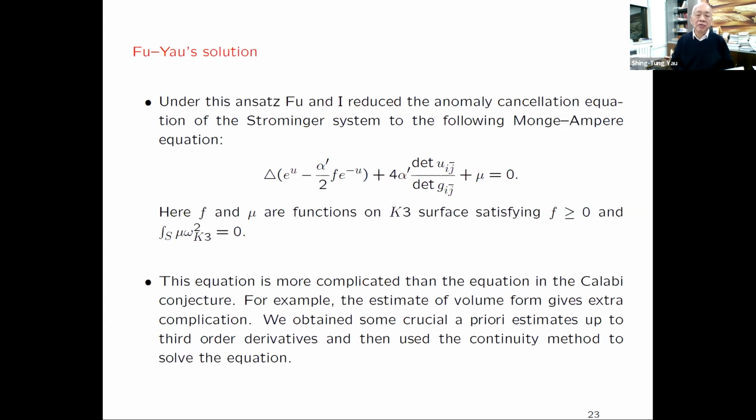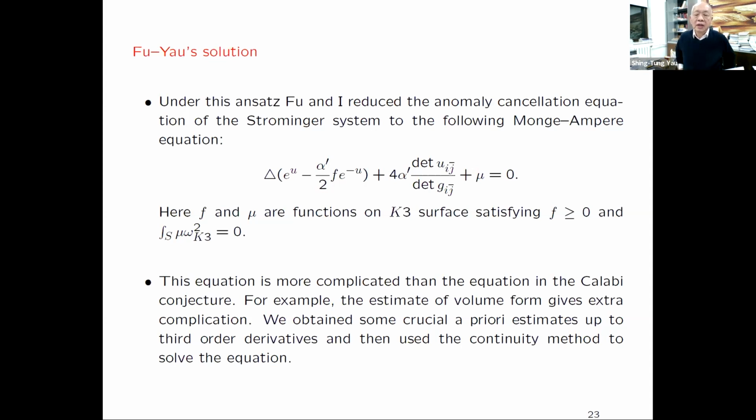This mu comes out from the statement that the second Chern class of the bundle minus the second Chern class of the manifold is equal to 0. So we need to solve this equation where u is unknown, f is given, and mu is given, where mu satisfies this integral equation.